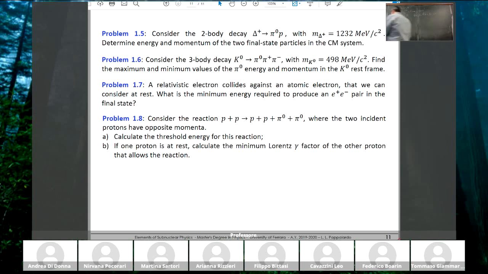So now, s is equal to (P1 plus P2) squared. And now, okay, so this is (E plus E) squared plus (P minus P) squared. And so this is just 4 times E squared. And for the reaction to occur, this must be equal to or greater than the threshold.